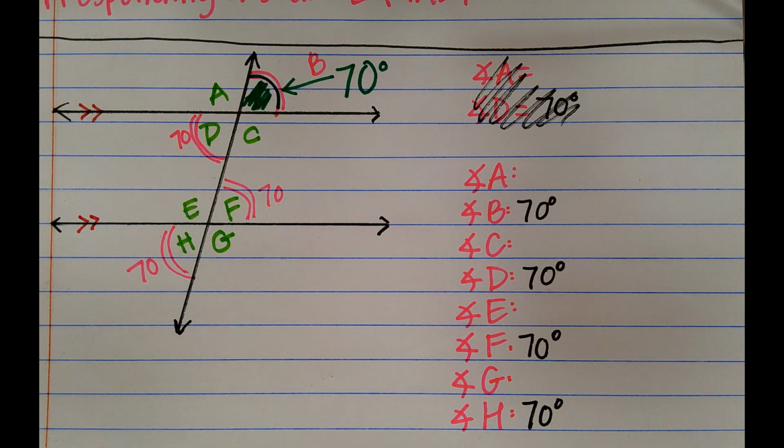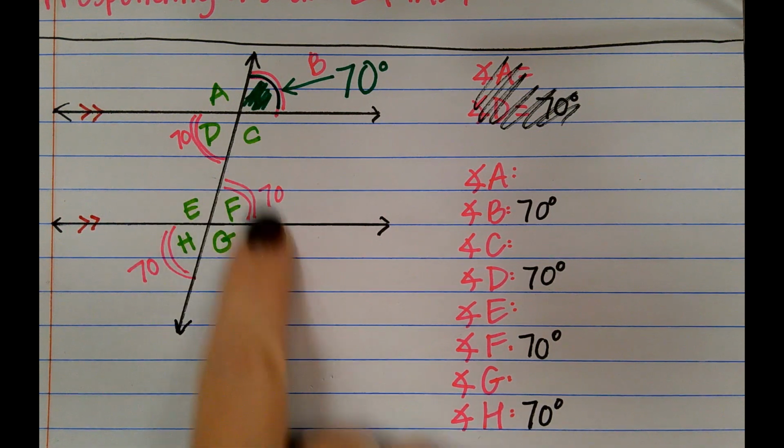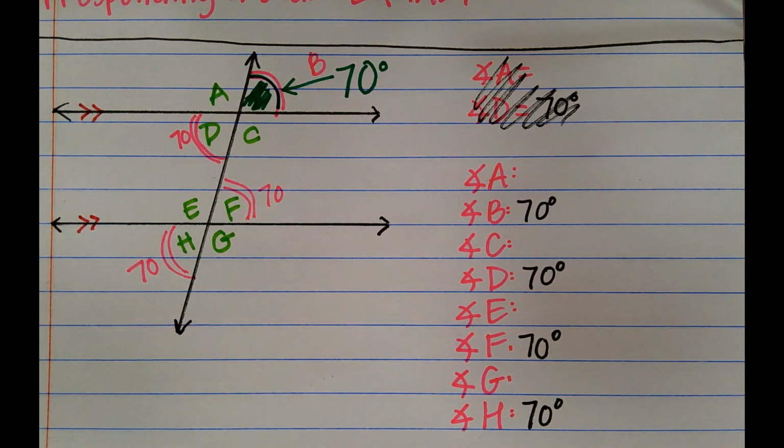There's a bunch of different ones that will make 180 that are supplementary. It's almost unlimited answers. E and F? E and F, yes. E and F would absolutely, yes. E and F make a straight line. Now, what do I mean by that?